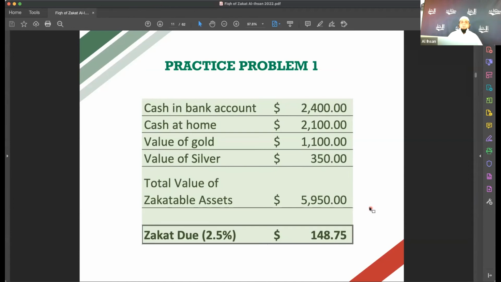Any questions on how we got that number? All good? Okay, let's move on, inshallah.